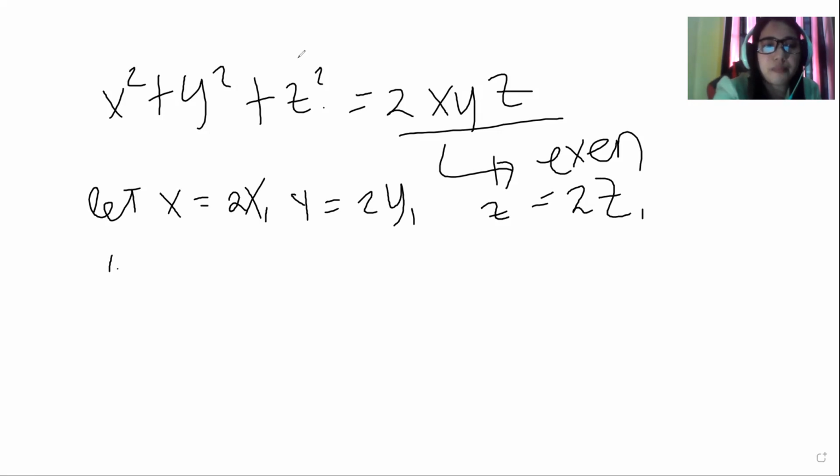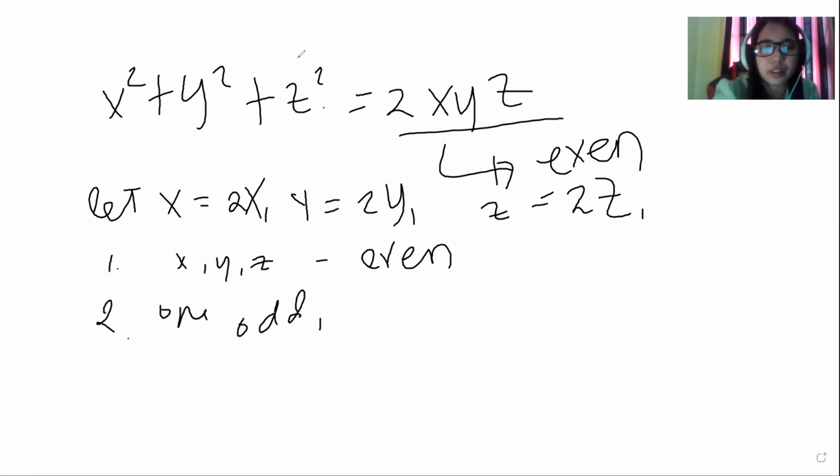The first one is we let x, y, and z be even integers. The second one, what if we have one odd number and two even integers?